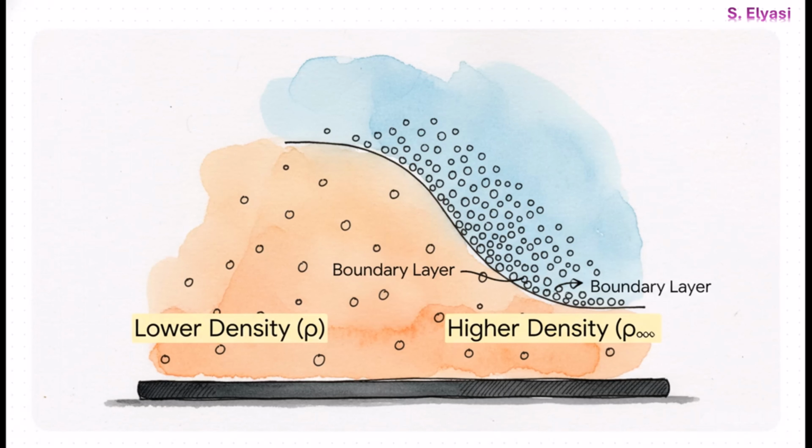And right here is where it all clicks into place. This entire process is driven by the tiny, tiny difference between the fluid inside that boundary layer and the fluid way out in the rest of the room. Inside the layer, the fluid is hotter, so it has a lower density. We'll call that rho. Outside the layer, the fluid is cooler, so it has a slightly higher density, which we'll call rho infinity.